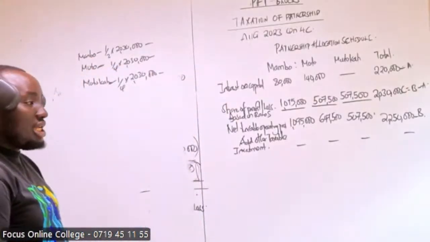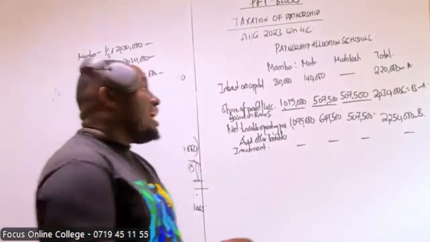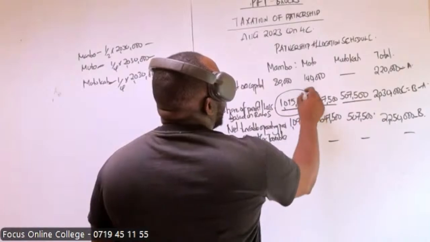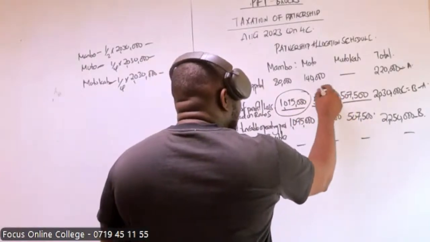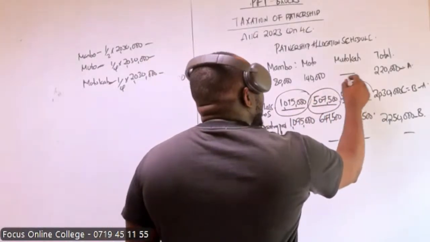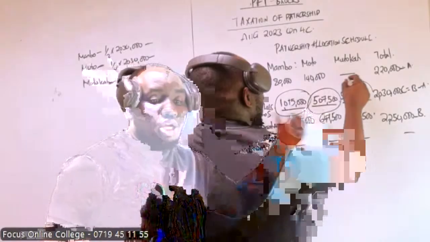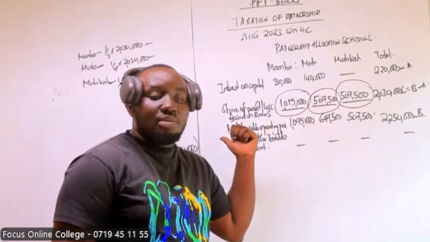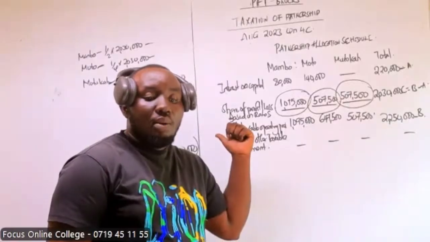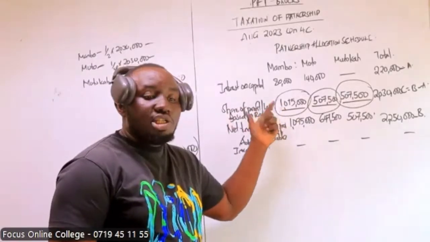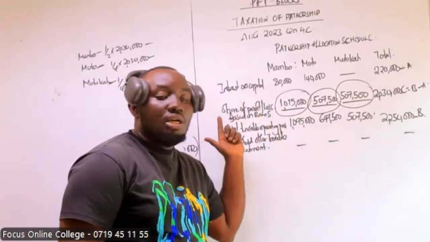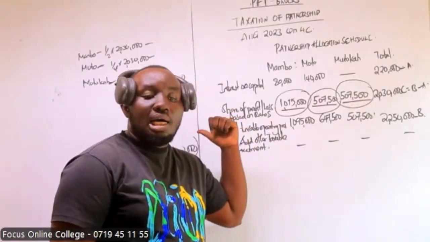Perfect. Are we together? The reason why most students will not get this answer for partnership is that it is tied to you being correct on adjusted taxable income. Are we able to note it?